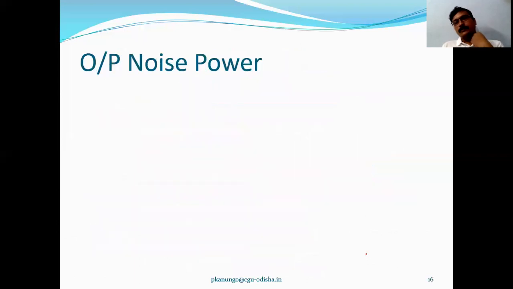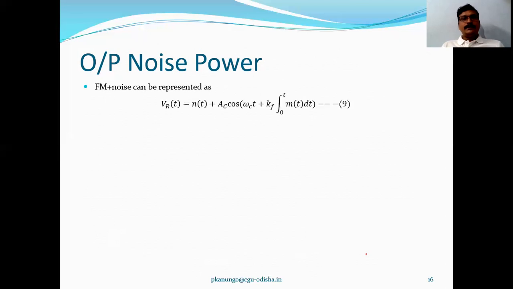So now we'll calculate the output noise power. For this, we know that the received signal is a noise mixed FM signal. Because we want to evaluate particularly the noise power at the output of this receiver, we can assume that the signal we are receiving is only the carrier signal.